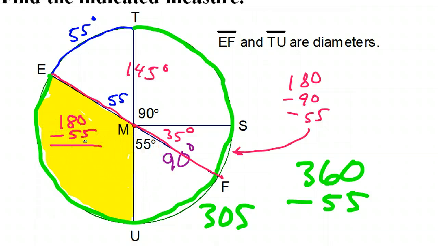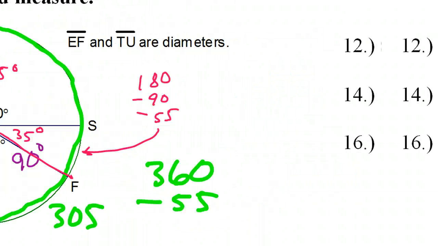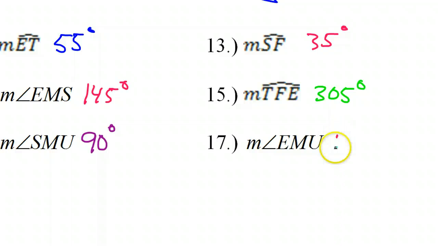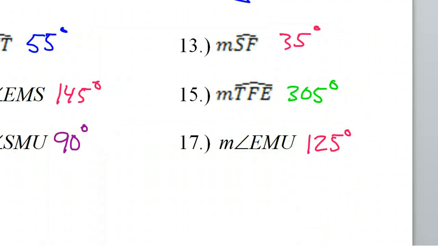Okay, so that's going to be 25? I mean 125. All right, obviously. So that's what EMU is. Okay, that takes us through number 17.